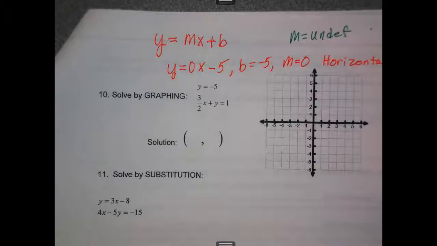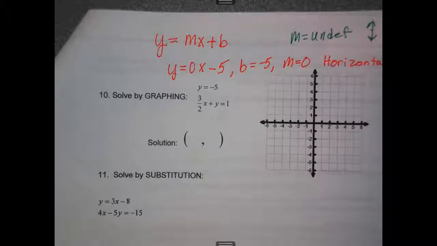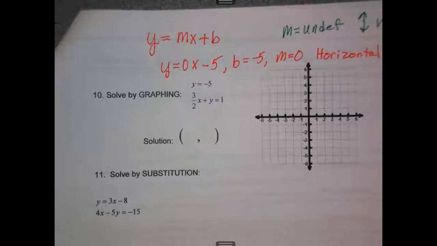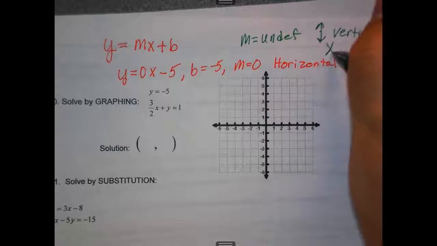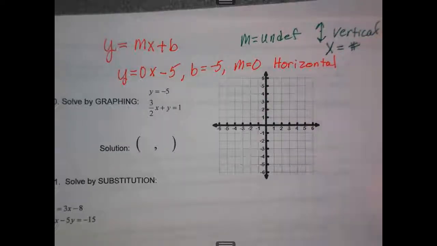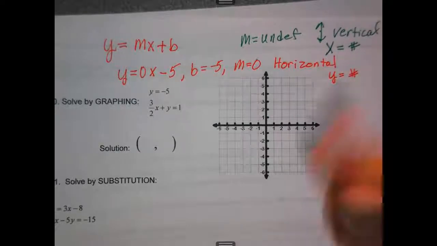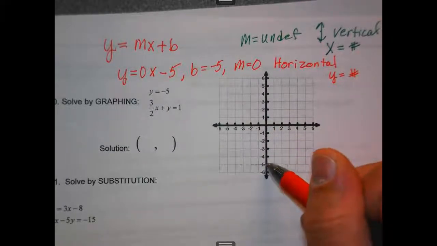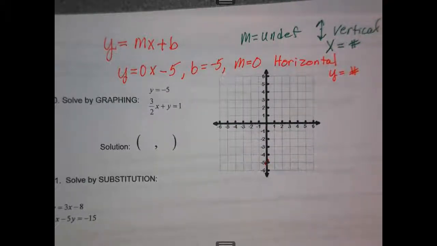It is a vertical line; it goes to infinity slope. The equation for a vertical line is x equals some number. A horizontal line is y equals some number. In this case, it's -5. So here's y equals -5. It's a horizontal line, and I'm going to use the straight edge because I can't write well.